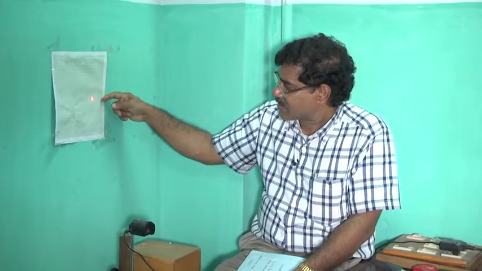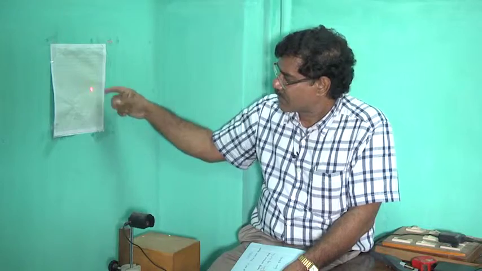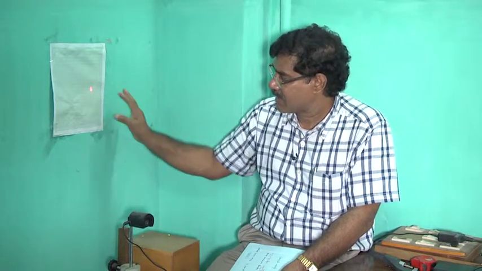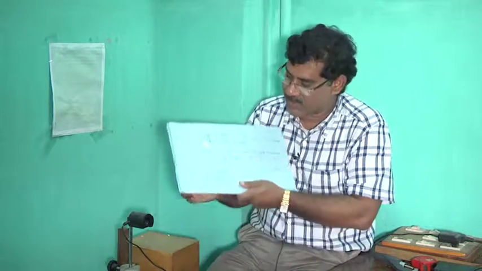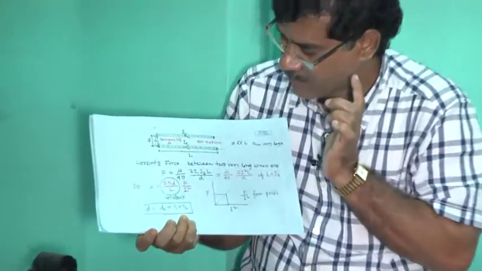These are generally called the light mirror or light lens scale arrangement. So from here we were able to measure the D, whatever we need in our working formula.